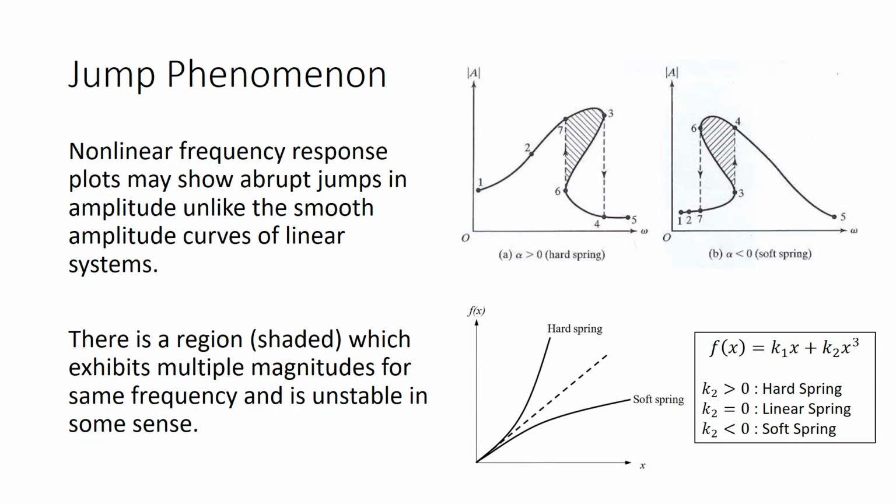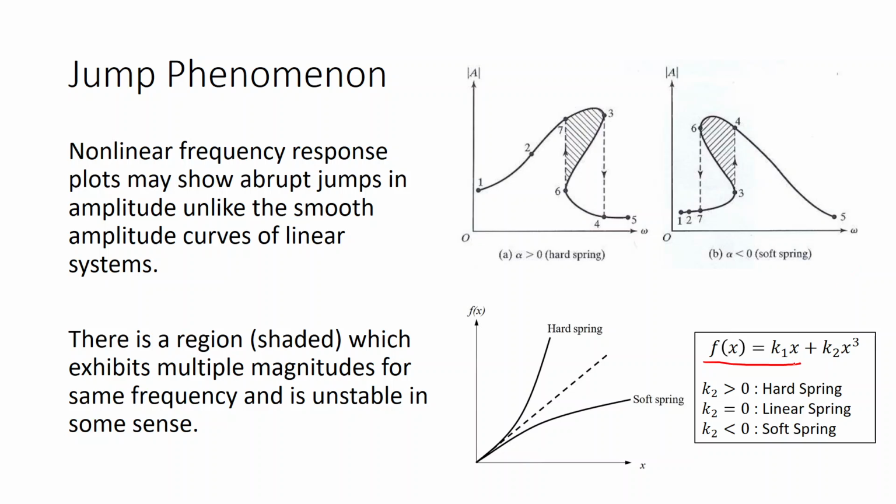Next comes the jump phenomenon. This sort of phenomenon happens in the case of springs or systems which have spring-like behavior. Normally in a spring, we model the restoring force as proportional to the displacement about its mean position. So that is the linear spring.